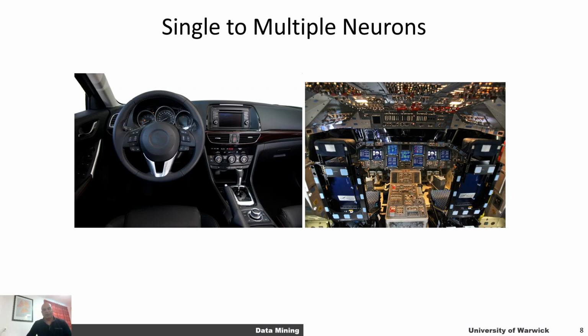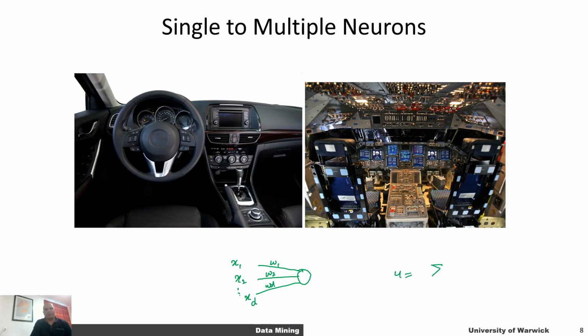So we've discussed how a single neuron works, and it's pretty simple. What a neuron does is simply take in all of its inputs. Let's say we've got an input x1, an input x2, and so on up to an input xd. We multiply each of these with a single weight, and then we compute what is called a net input.